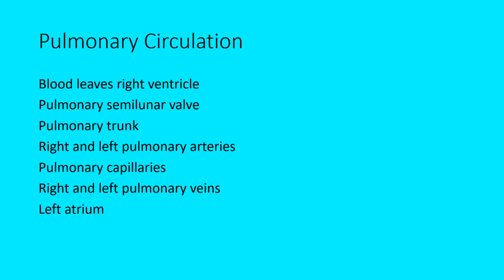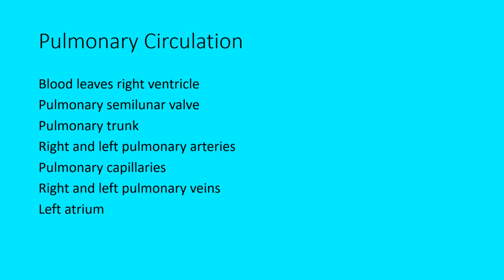So when we look at the pulmonary circulation, the blood is going to leave the right ventricle. It's going to pass through the pulmonary semilunar valve. That is a valve between the right ventricle and the pulmonary trunk, so that valve has to open up. The blood leaves the right ventricle, passes through that valve into the pulmonary trunk, which in a moment we'll see a picture of. It sits right on top of the heart.